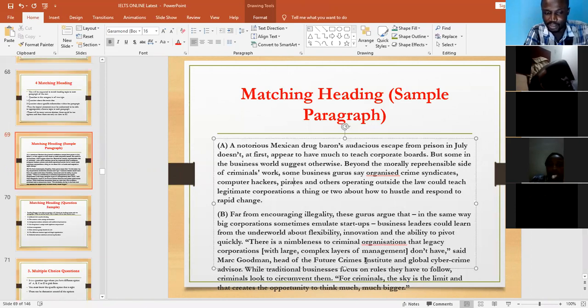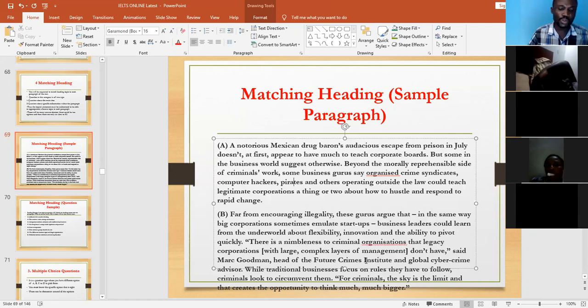Beyond the morally reprehensible criminal work, some business gurus say organized crime syndicates, computer hackers, pirates, and others operating outside the law could teach legitimate corporations a thing or two about how to hustle and to respond to change. So this paragraph is particularly talking about what business people can learn from criminals, or what criminals can teach business people.